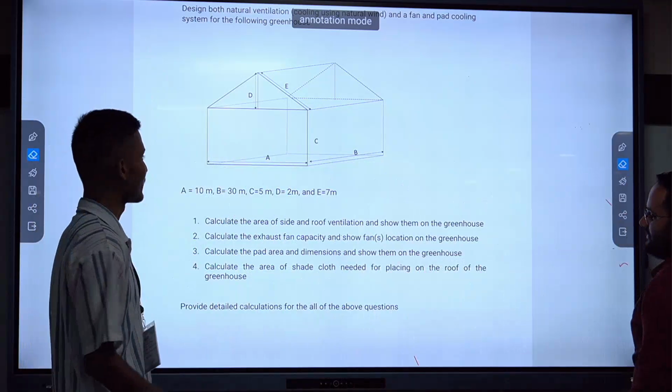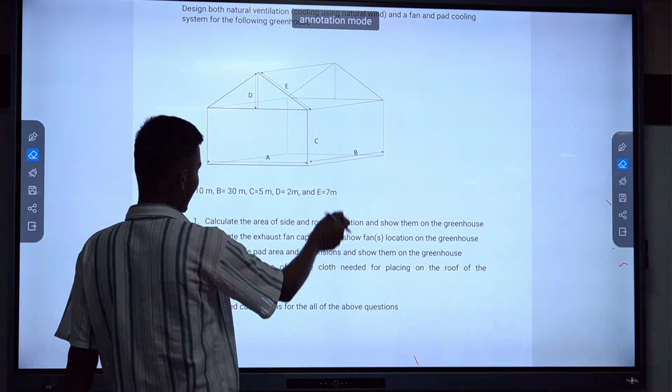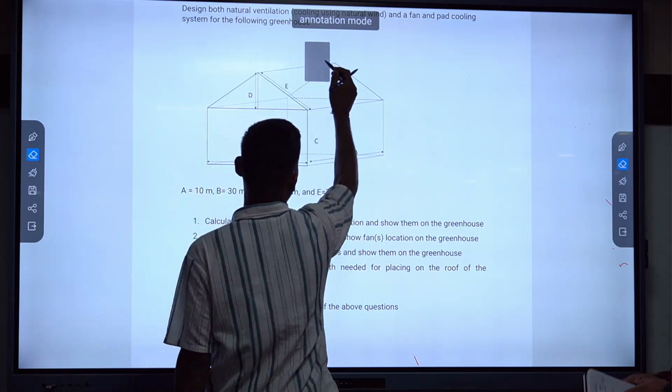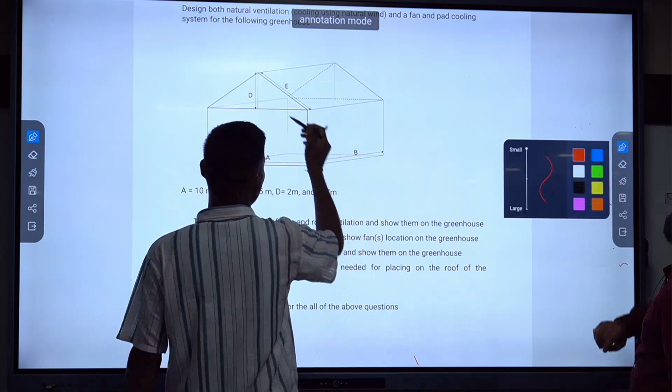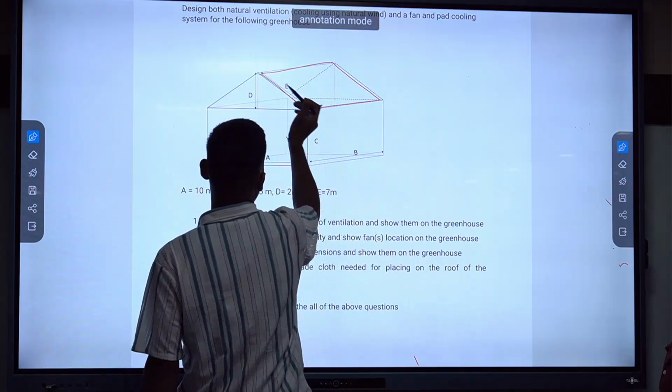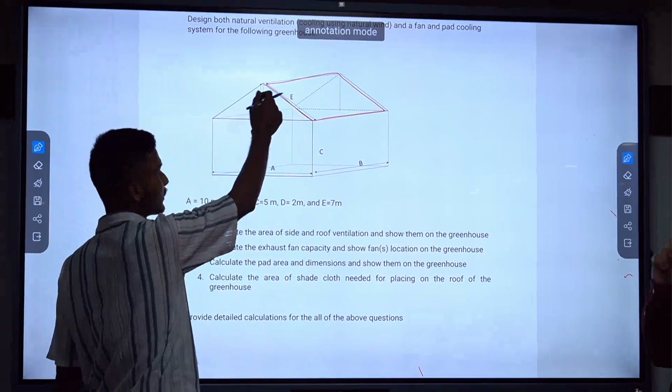So, gentlemen, as we have to find the area of the shaded region, we have to calculate this area. And on the same side we have this area.